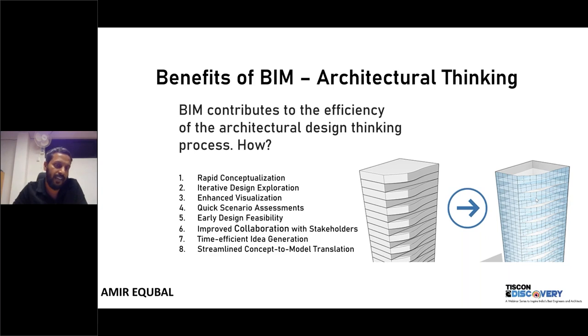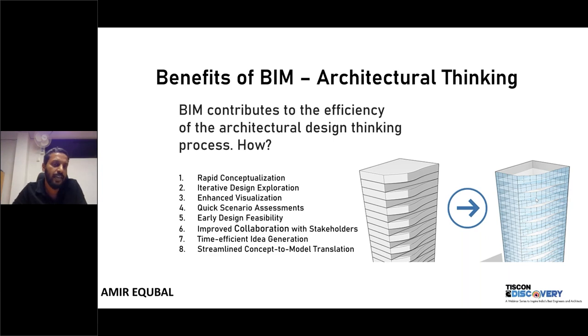Secondly, the time it saves is quite significant. Also, the minimization of errors, that is the technical part of it. Even in the conceptualization stage, you have a lot of flexibility to very rapidly conceptualize and iterate your design, and discuss with the structural consultant beforehand, rather than having just designed your building and fighting with the structural consultant when it's quite late.